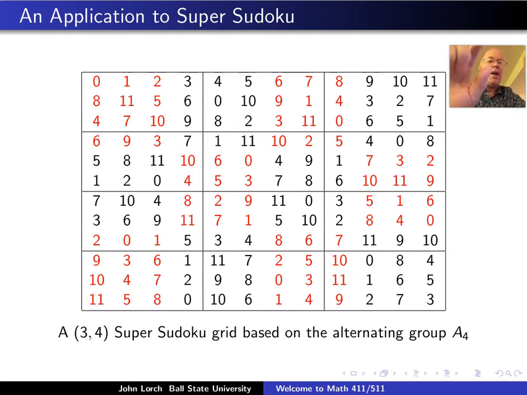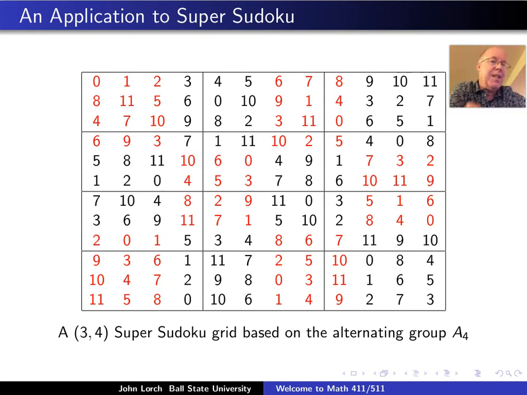And even further, the grid lines serve to divide the square into 3x4 regions, and there's no repetition of symbols in any of those 3x4 regions. And then the colors serve to divide the array into 4x3 regions, and there's no repetition in any 4x3 region. So we call this a 3,4 super Sudoku grid.